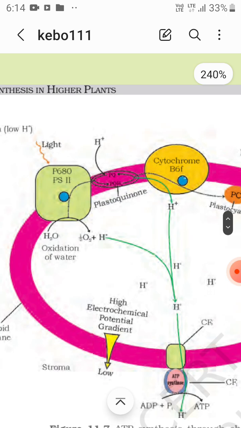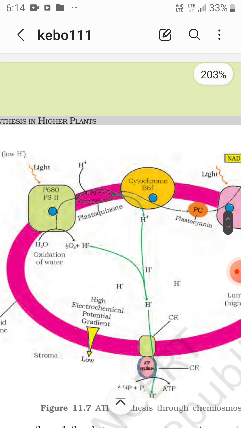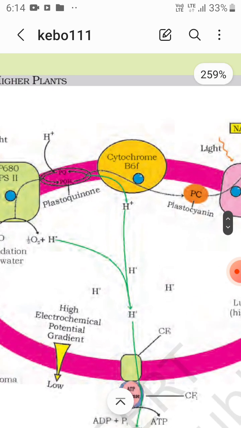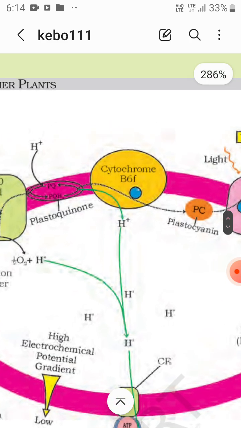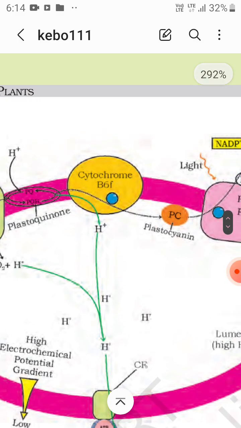Then splitting of water, then electron to the plastoquinone, which takes the H plus carrier from the stroma side to the cytochrome b6f complex. Now it releases H plus inside the lumen.